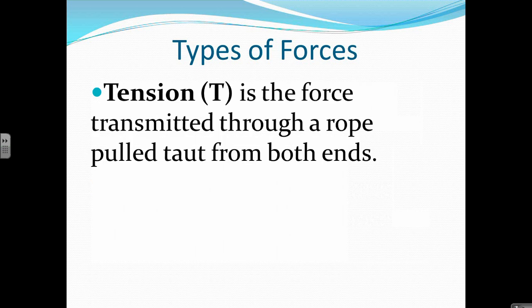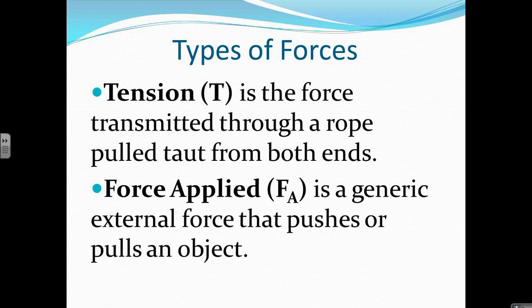Tension is the force that's transmitted through a rope or a chain that's pulled taut from both ends. Applied force is a generic force that we refer to in this class. It's anything that's being applied from outside that doesn't have a standard form. We refer to those as applied. It's the force that's applied to an object from something.